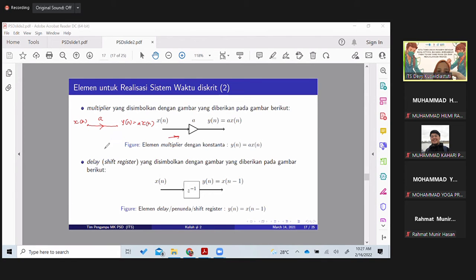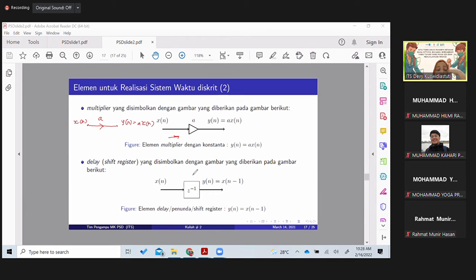And then the next one is a shift register or a delay element. Usually it is described as a box with z to the minus 1, symbolizing that it is delayed one step, or one sample, before. This illustrates the memory of the system.